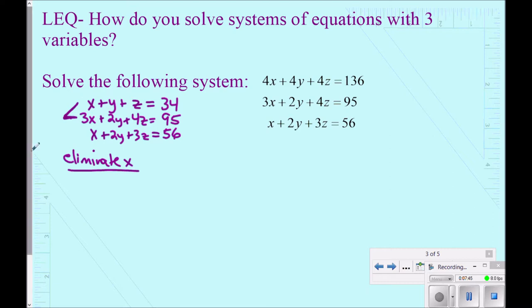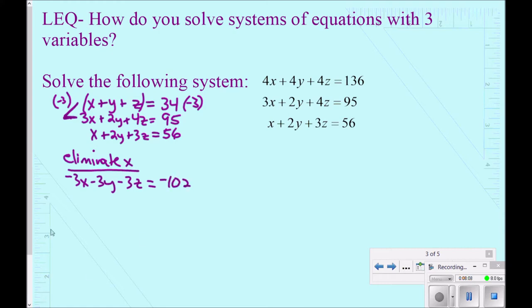So if I'm pairing up the first 2 and my plan is to eliminate the x, I'm going to multiply that top equation by -3. Which is going to give me -3x minus 3y minus 3z is equal to -102.